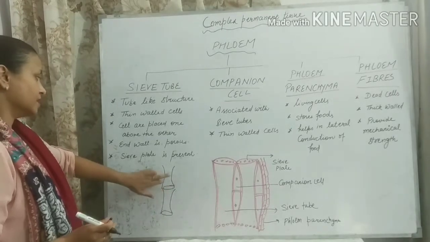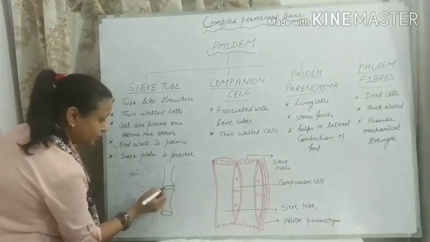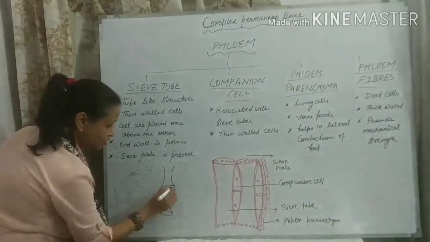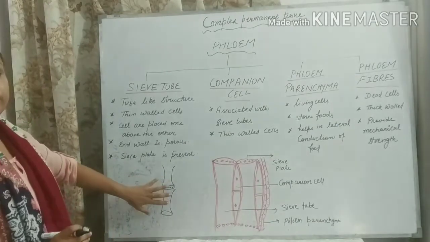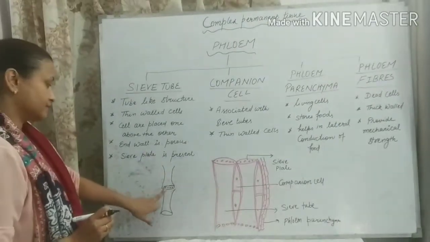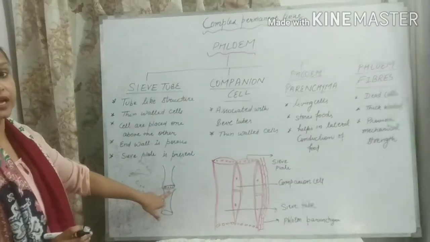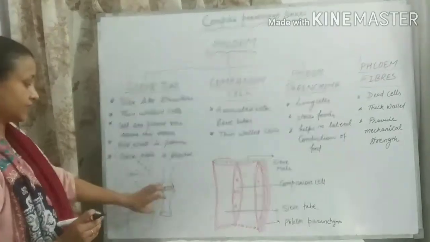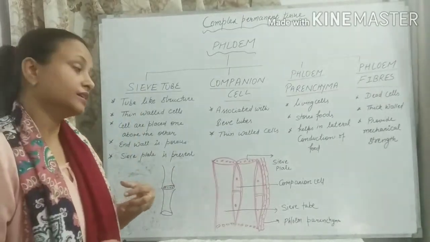They are placed one above the other, and in between two cells there are small pores from which the food is transported from one cell to another cell. So this pore-containing part is known as the sieve plate. जहाँ से food जो है वो छन कर एक cell से दूसरे cell में जाता है.